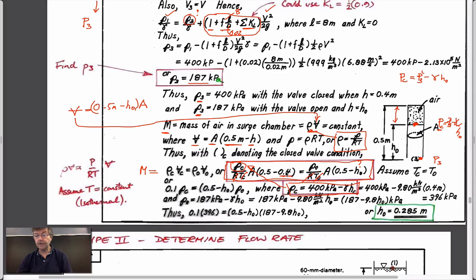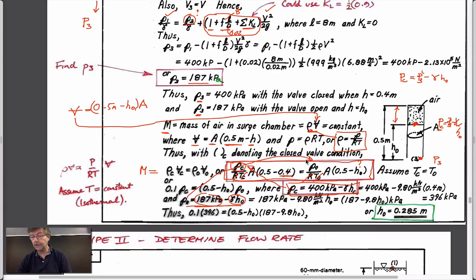If we do the same for the case when it's open, the pressure open is equal to the pressure at the bottom when it's open minus the unit weight of the fluid times the height of the column, which we don't know. And we can substitute that into here.